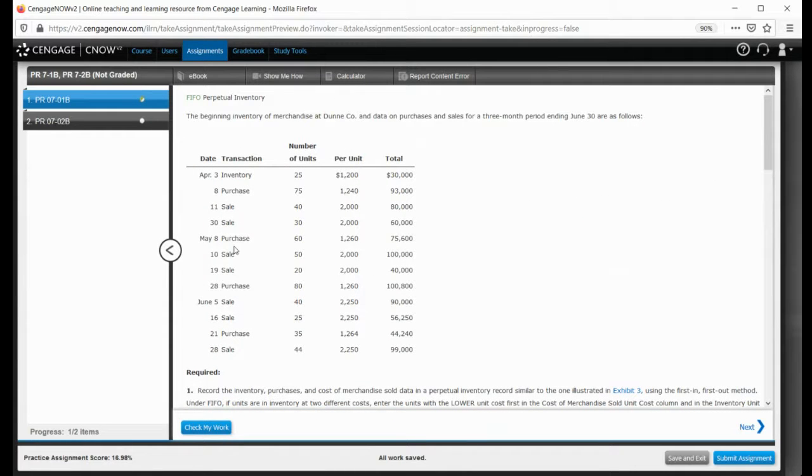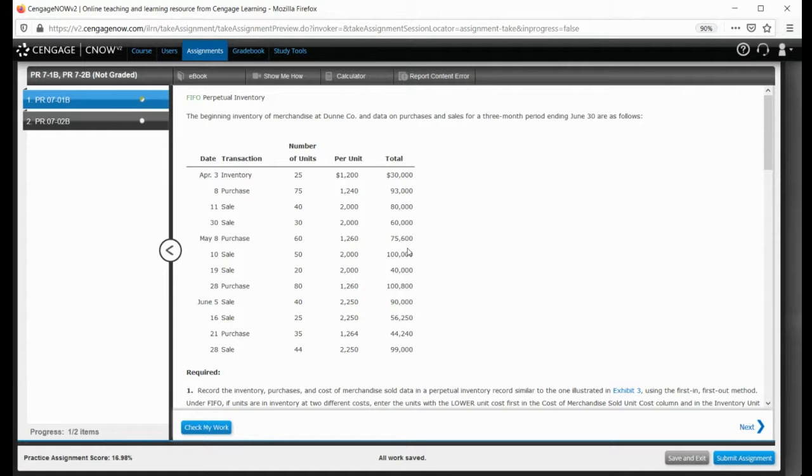We're up here on May the 8th, and we are purchasing 60 units of our merchandise, and it cost us on this May 8th date $1,260 each. So if you multiplied 60 units that you bought times $1,260, the total amount of your purchase is $75,600.